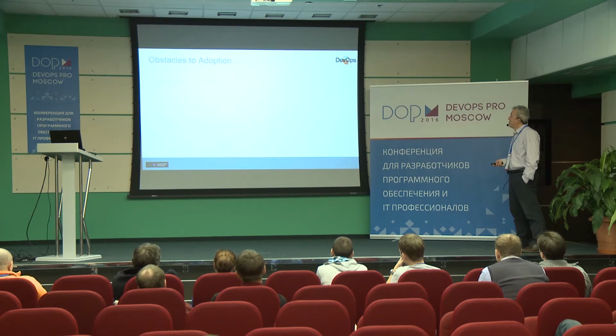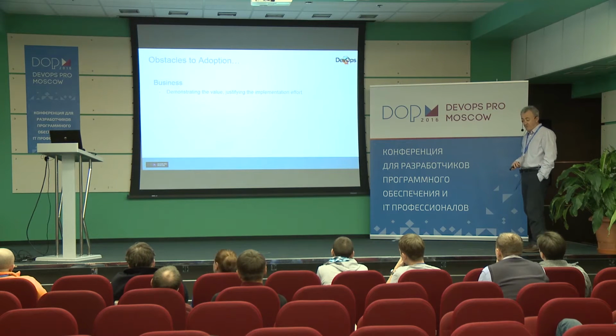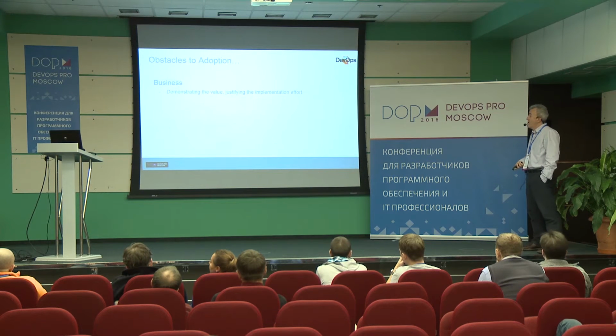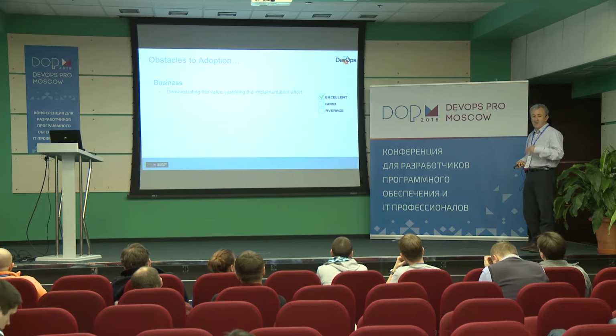Anyway, there are some obstacles to adoption, and obviously we've discussed at length, demonstrating the value, justifying that the implementation effort is worthwhile, can be quite difficult. Because remember, we want to get our quality of delivery, our speed of delivery from average to excellent, and that's the only way you can support the sort of rapid release, build, and deployment model.